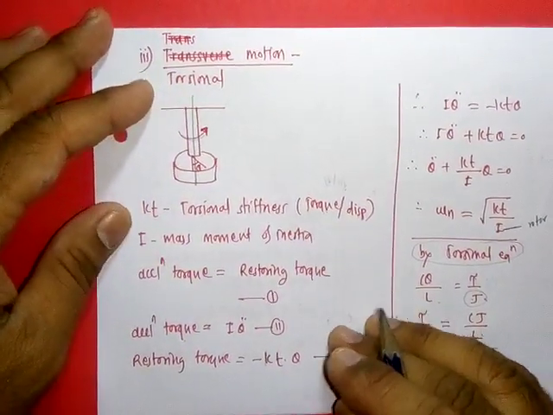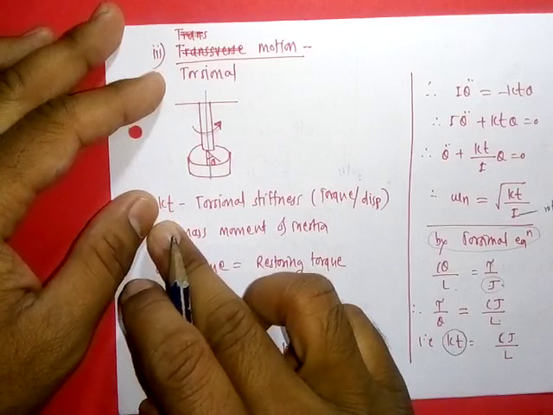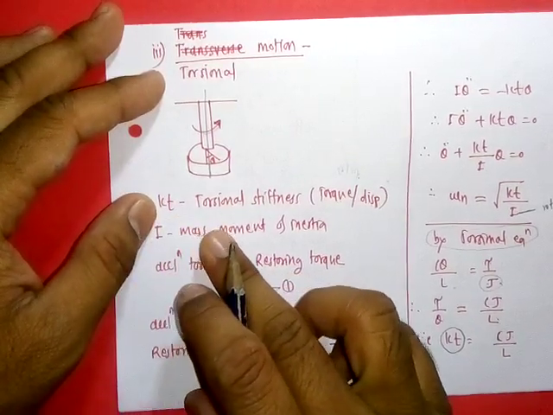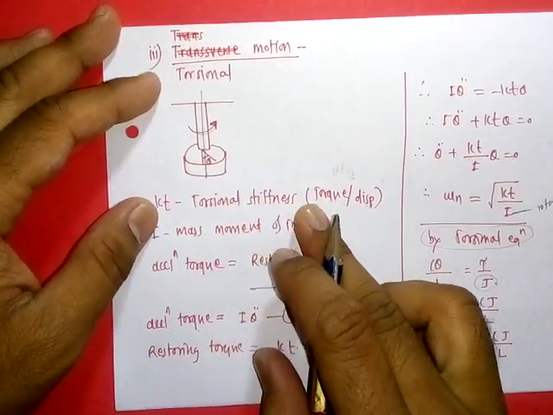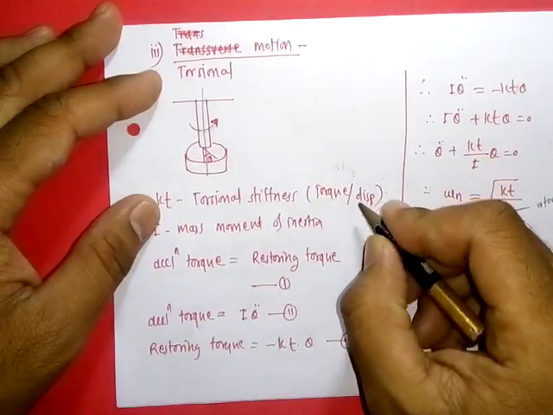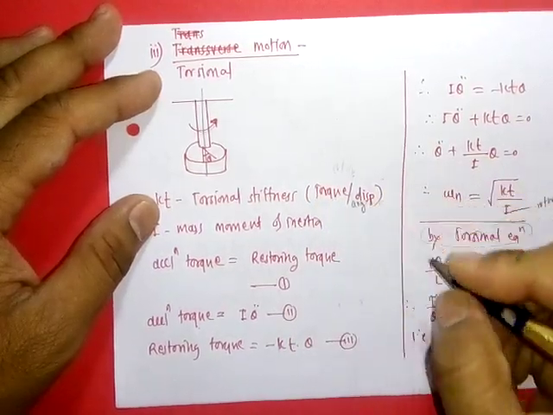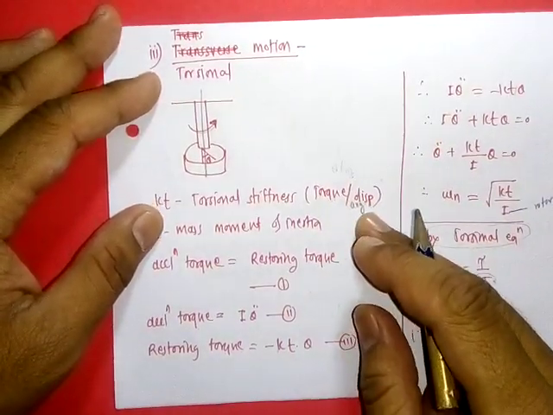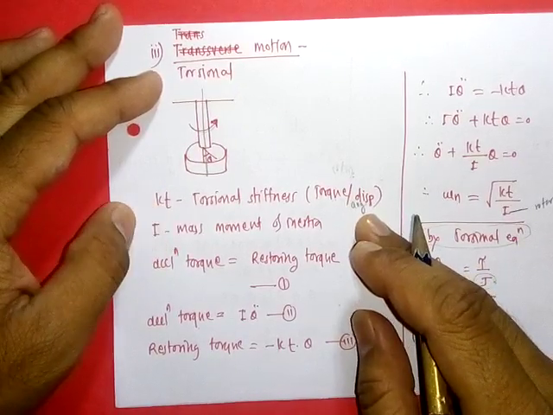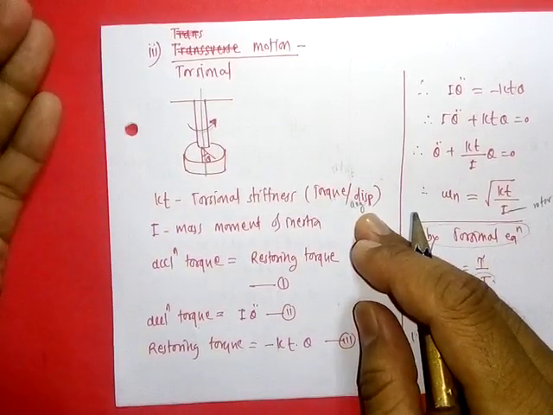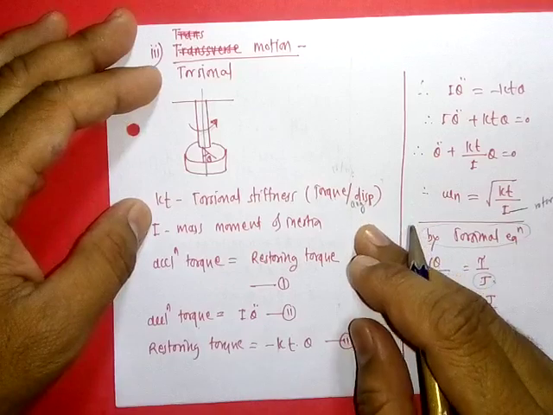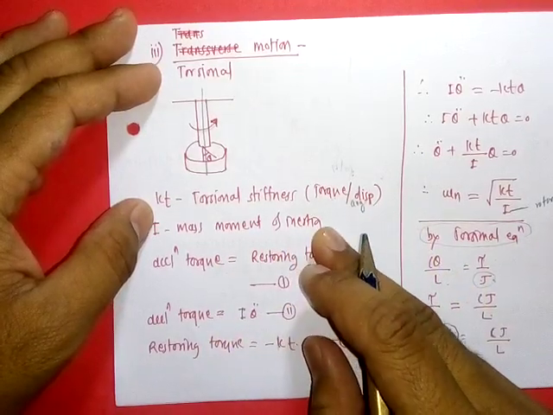Consider here kt, that is torsional resistance. This is torque per unit angular displacement, similar to our linear stiffness or spring stiffness. And I is the mass moment of inertia.